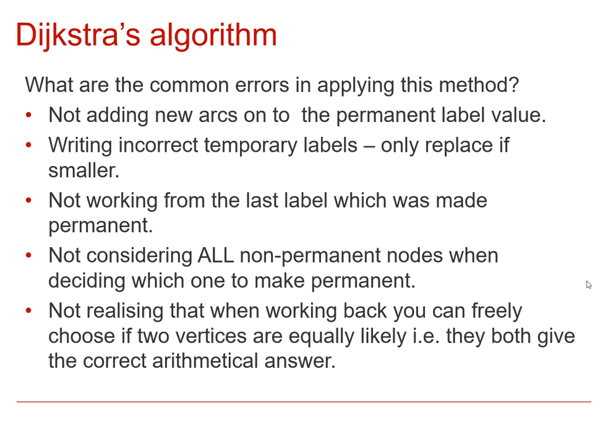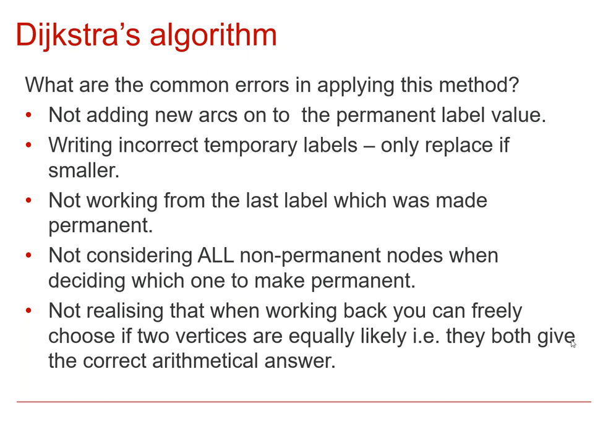The thing which I think is the most important, and the mistake I see people making more often than any others, is this: when you're considering the non-permanent nodes in order to decide which one to make permanent, make sure you look at all of the ones which are currently temporary nodes, not just the ones that have been updated in the previous step.